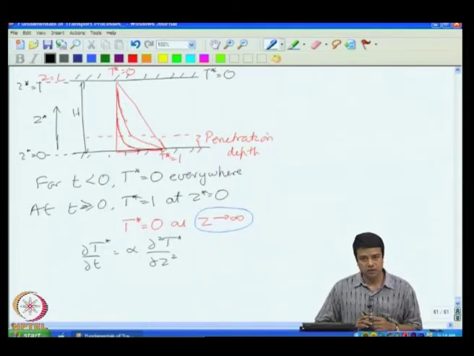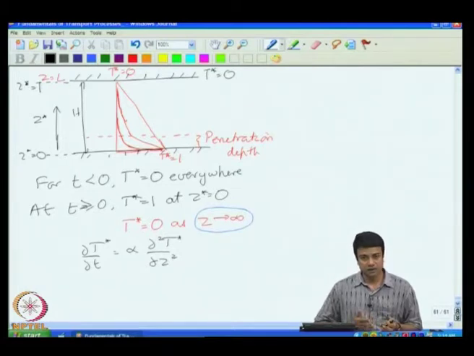Two are the coordinates, one is the z coordinate, the other is time. And the only other thing that I have in the problem is this diffusivity alpha. So, there is one dimensionless variable T star, two coordinates z and t, and one dimensional parameter, the thermal diffusivity alpha.